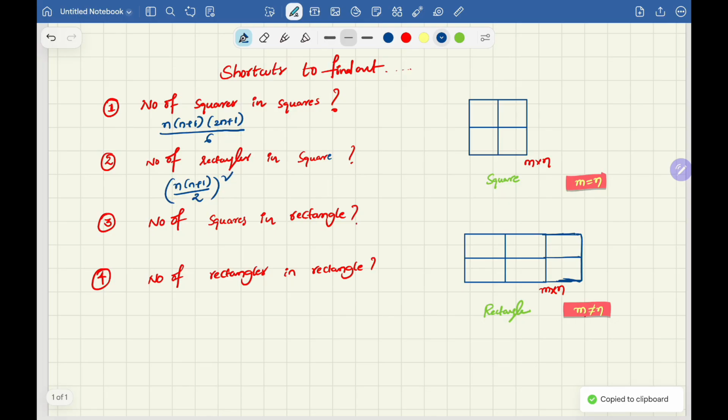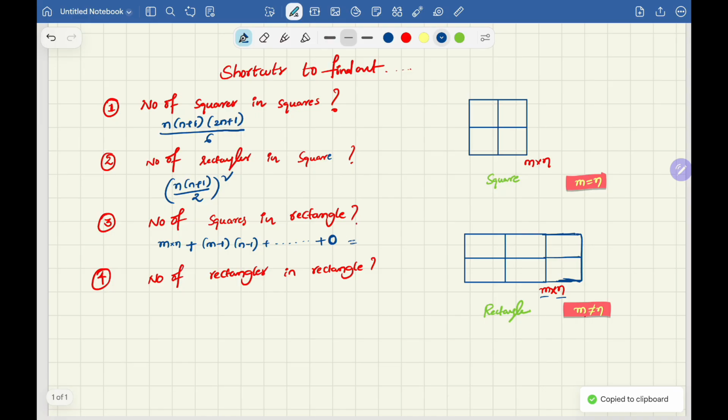You're getting it, right? And now the number of squares in a rectangle. How to find out the number of squares in a rectangle? Easiest only. It is m by n, right? So simply what you have to do: m into n plus m minus 1 into n minus 1 plus, and so on. You need to decrease one by one like that. You need to have a decrement of 1 for row as well as column until it becomes 0.